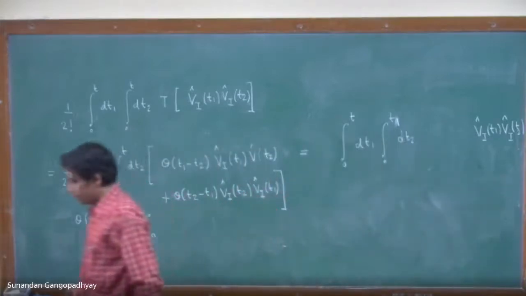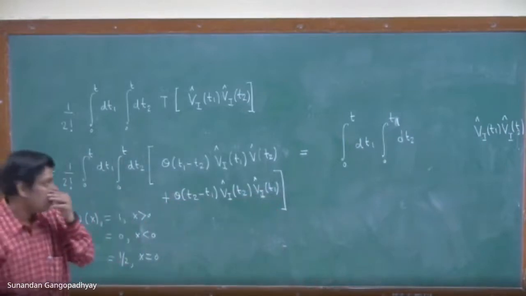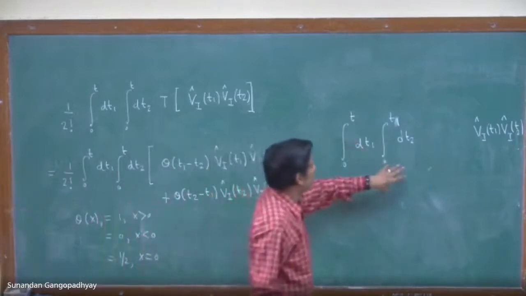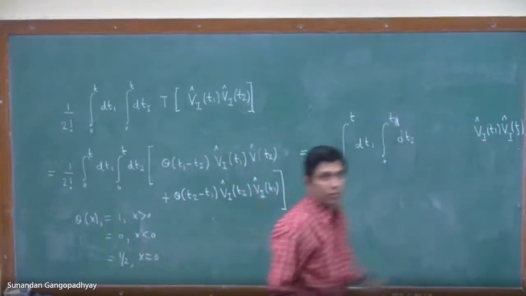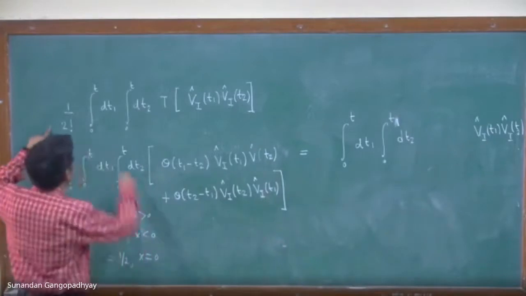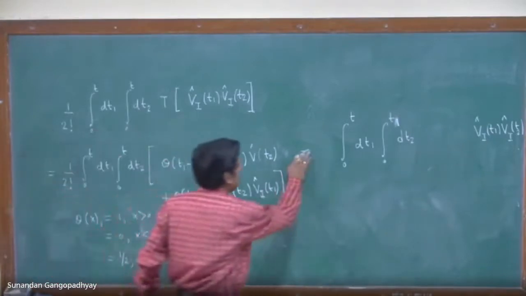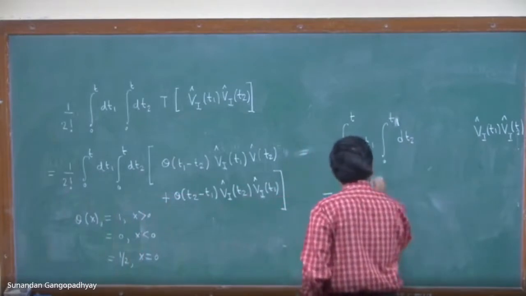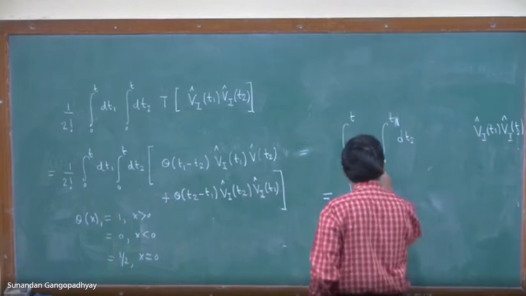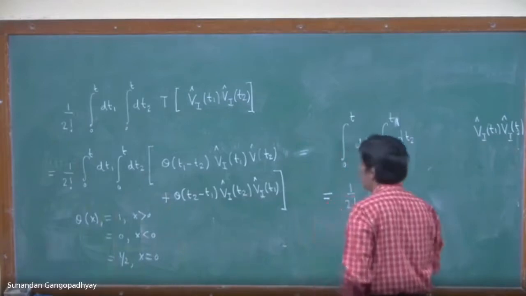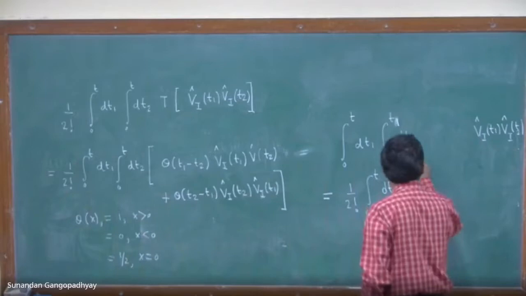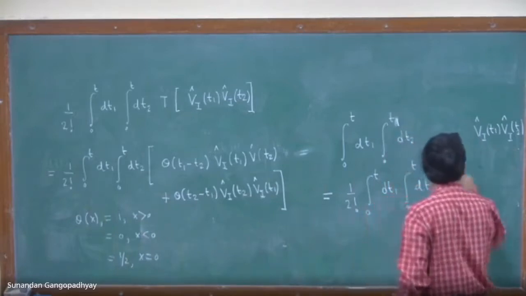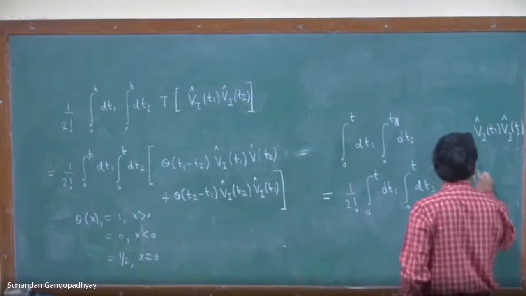The 1 by 2 goes away, the 2 factorial goes away, and therefore you get integral 0 to t dt1, integral 0 to t1 dt2 of the product of these two operators. Therefore, this you can write as 1 by 2 factorial integral 0 to t dt1, integral 0 to t dt2, time order product of V hat I(t1), V hat I(t2).